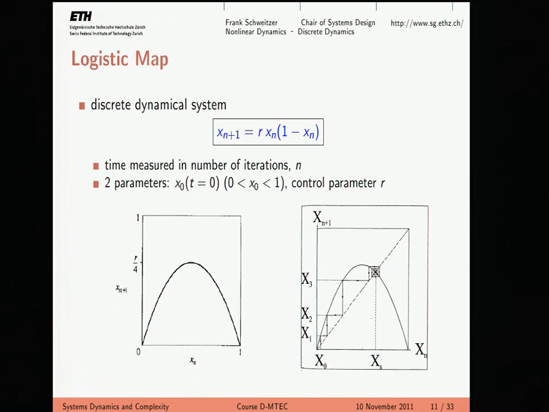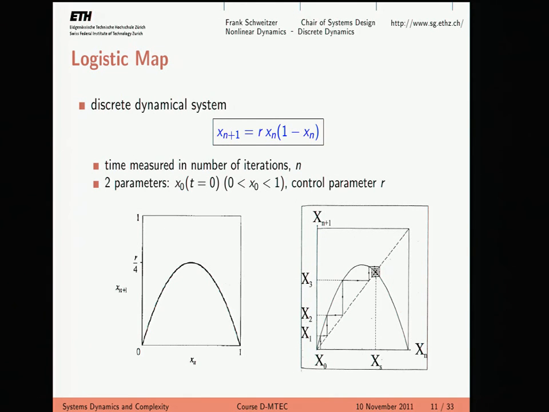So 1/2 times 1/2 is 1/4, r over 4. So the maximum value is given by r over 4. And if we increase xn, the subsequent value is lower, actually. So this is just how xn is related to xn plus 1.